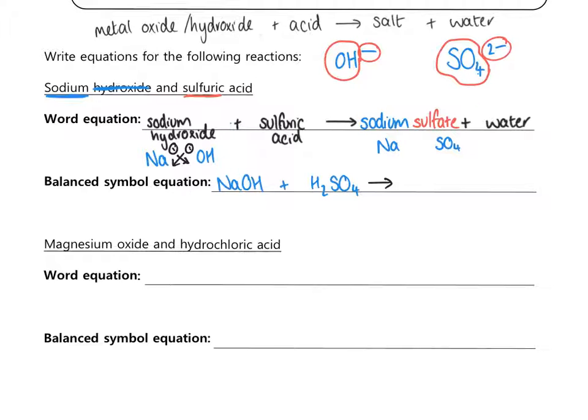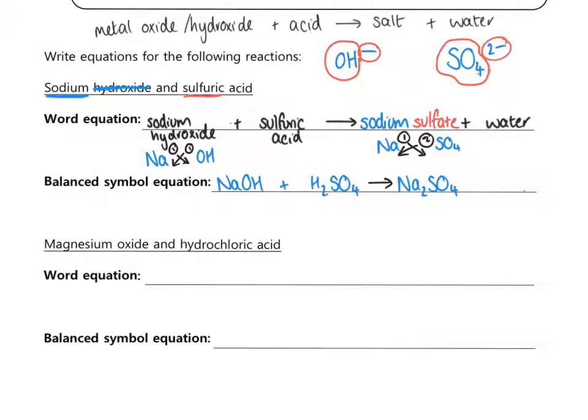I can see that my charge is 2 minus, and so my valency is going to be 2. Sodium, again, was group 1, so its valency is 1. So we can see when I swap and drop that, the 1 swaps to the sulfate, so I don't need any brackets because there's just going to be a 1 outside it. But you can see that the 2 from my sulfate is swapping to my sodium. So I'm going to end up with a formula of Na2SO4.